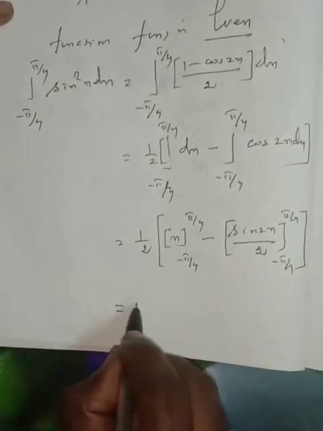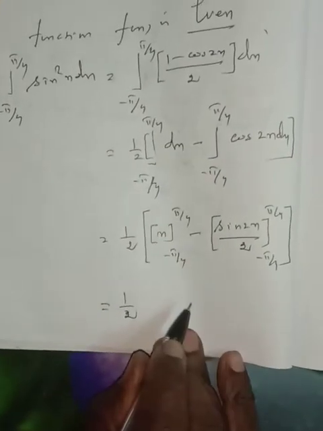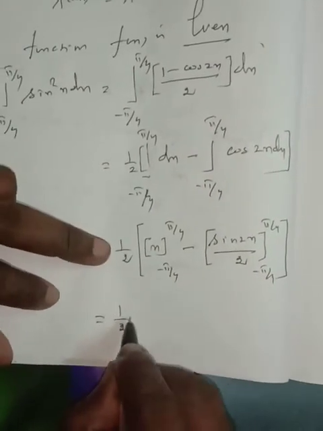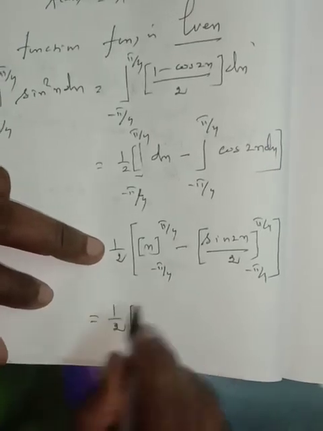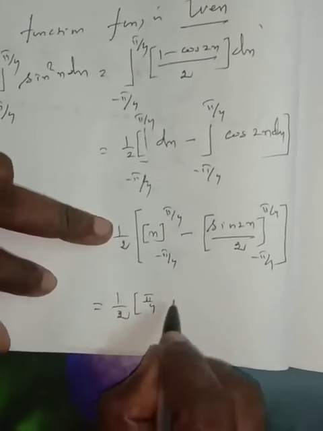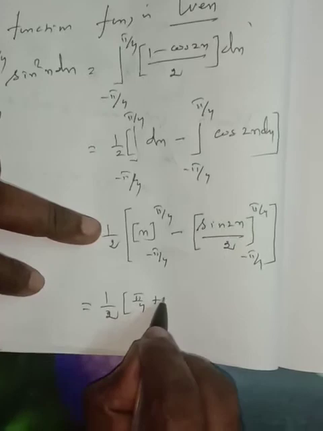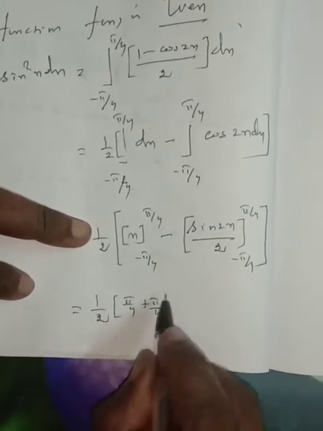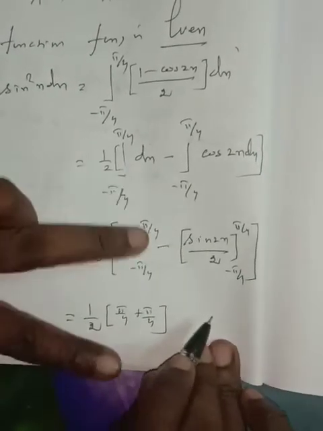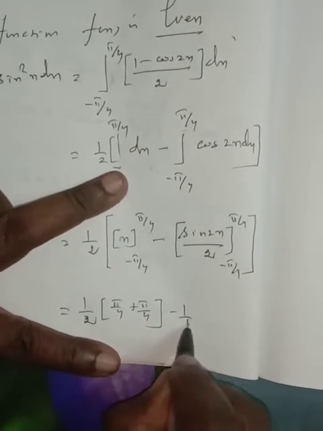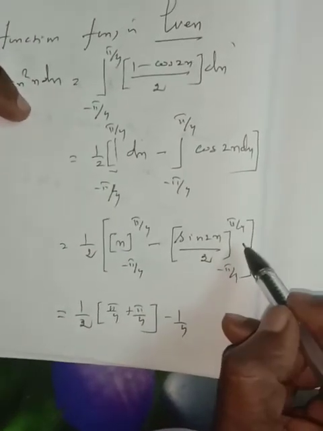1 by 2, pi by 4 minus of minus plus pi by 4, minus 1 by 4 sin.